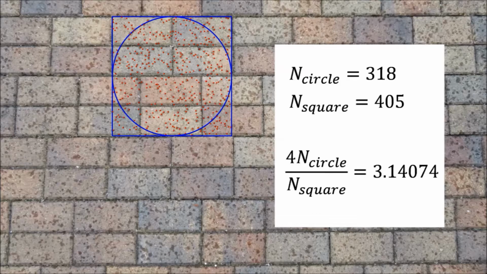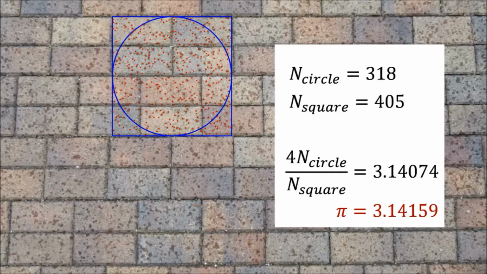And if we put it back again into our equation, we get pi as 3.14074, which is not that bad, I have to admit. And it gives us an idea of what we have to do in order to actually get good values for pi, an accurate value for pi, or at least as accurate as we may need it.